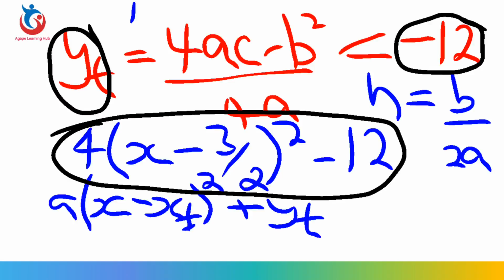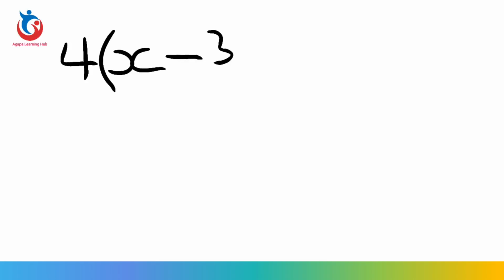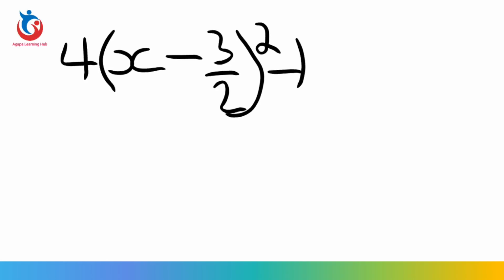Please write that down for me. This we have 4 bracket x minus 3 over 2 all squared minus 12 equals 0.